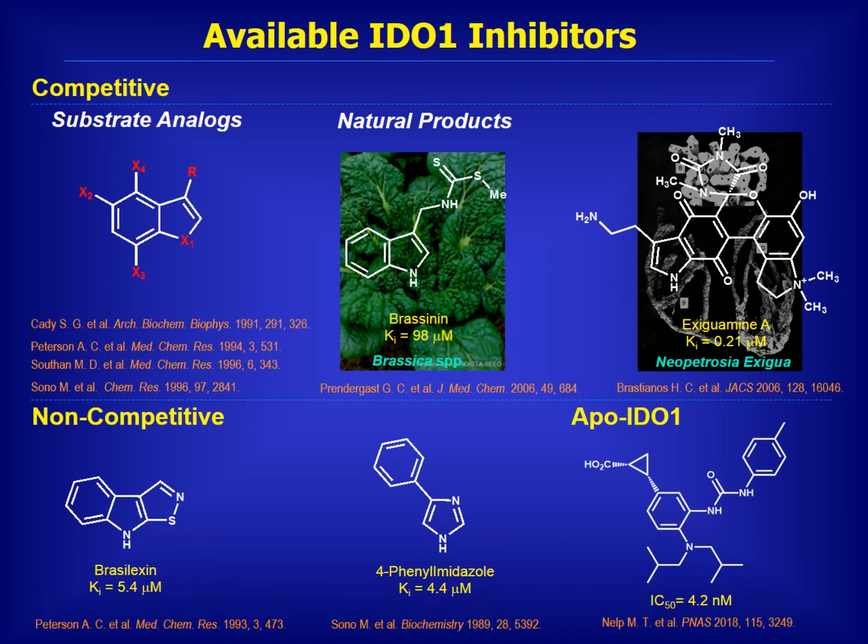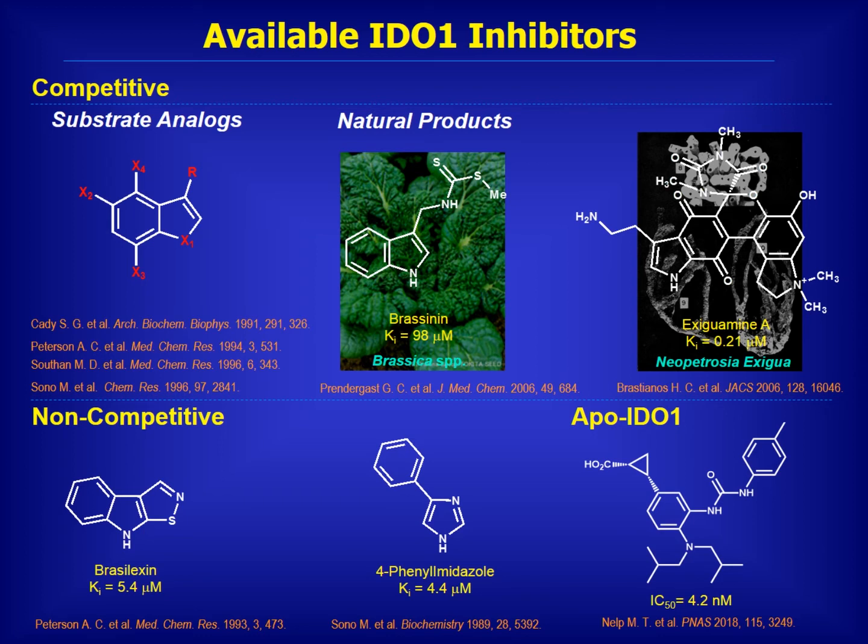And in this framework, a large amount of medicinal chemistry effort has been devoted to design and develop inhibitors of the enzyme. We may have both competitive inhibitors from designing analogs of the substrate, natural products, non-competitive inhibitors, and even more recently, people have discovered compounds that are able to bind an apo form of the enzyme.